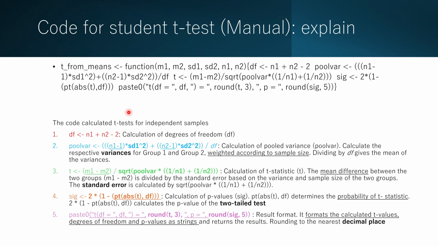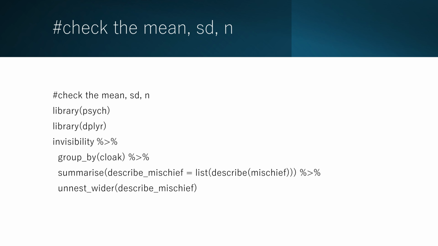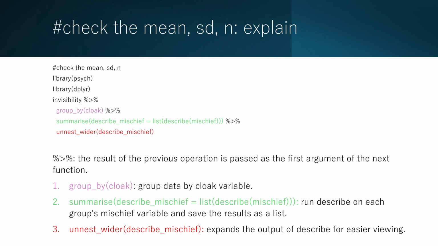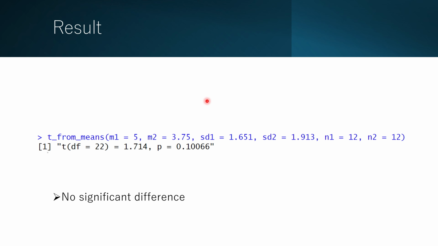This is the handmade student t-test command, and it requires some values. Via this command, we can check n, means, and SD, and we use these values here. Then we get the result. This is the handmade command result.